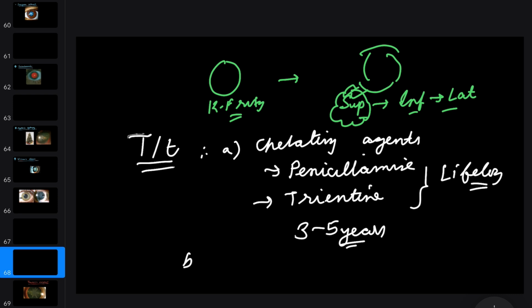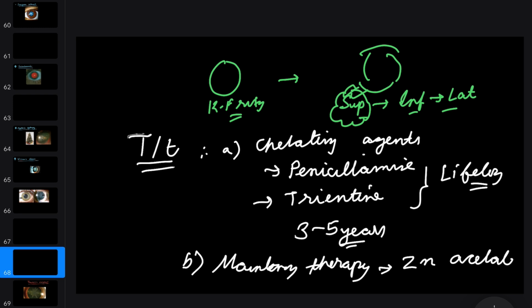Second thing is we have to maintain this. So maintenance therapy. What is maintenance therapy? Maintenance therapy with something called zinc acetate. So zinc acetate will actually stop the overall absorption of copper.